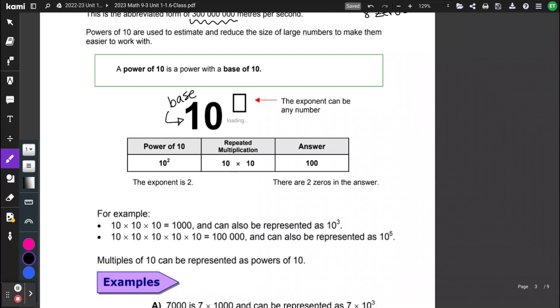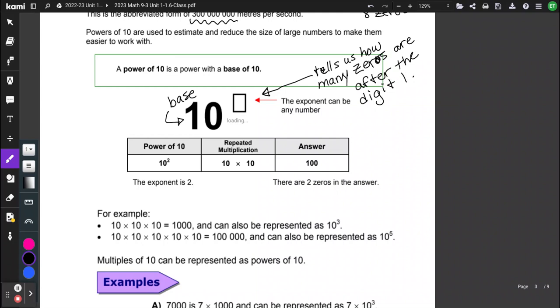And the exponent number, as we said before, tells us how many zeros are after the digit 1. Okay, so it's going to tell us how many zeros follow that digit 1.